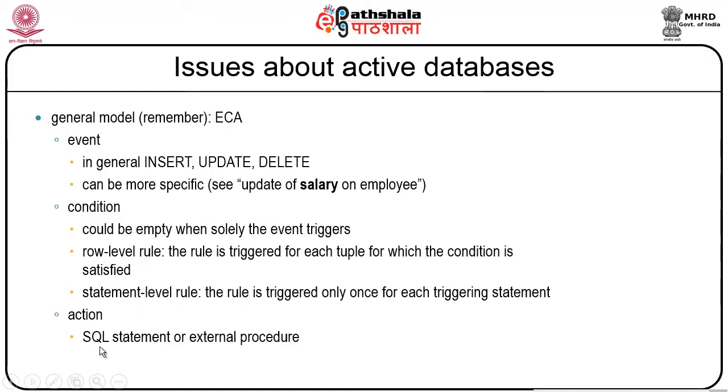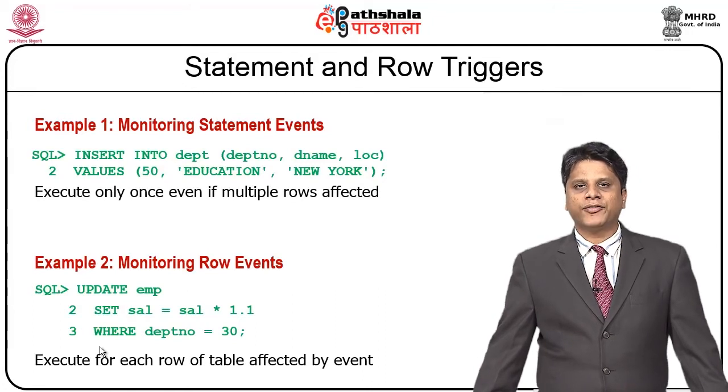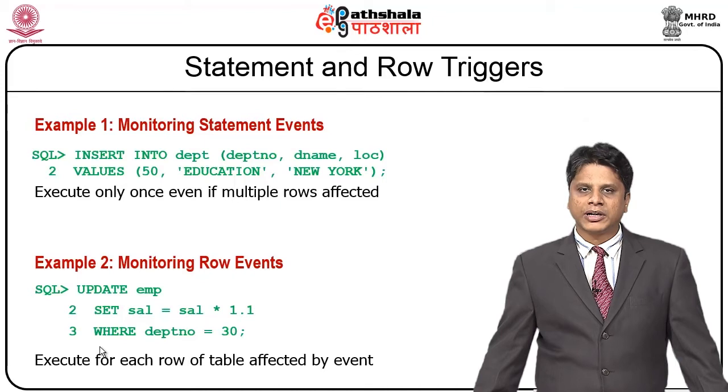And finally there will be an action. That means the action will majorly be an SQL statement or an external procedure. Let us look at some examples for both a row level trigger and a statement level trigger. First, let us take an example for a statement level event.